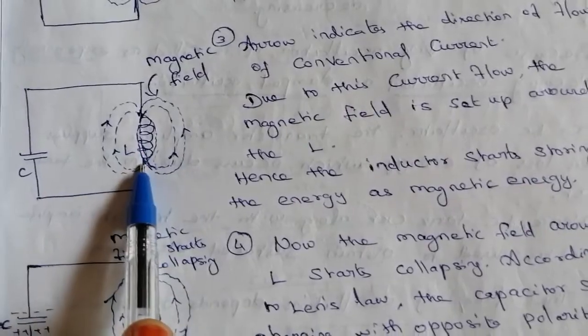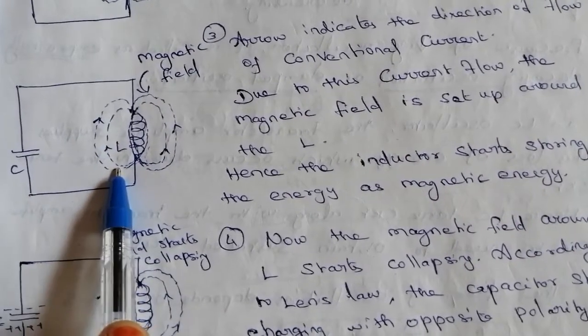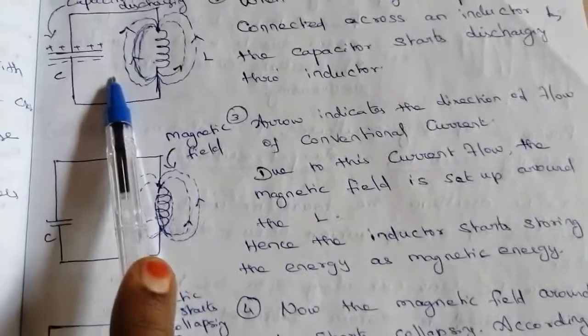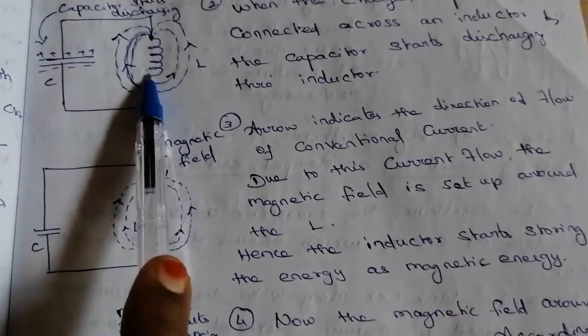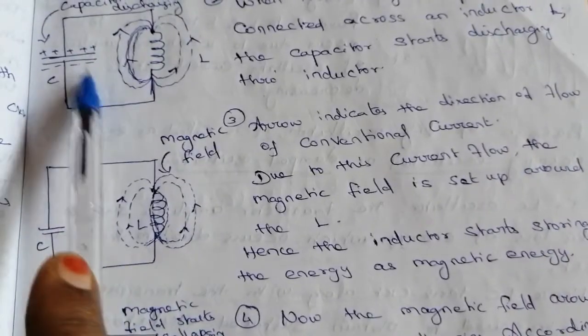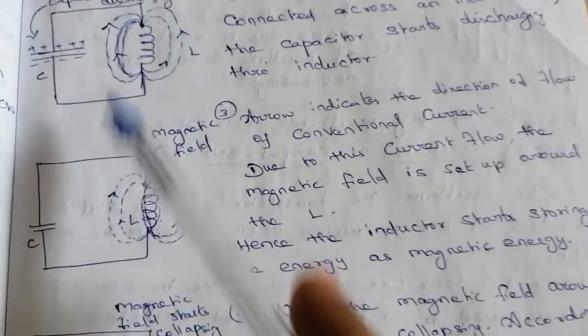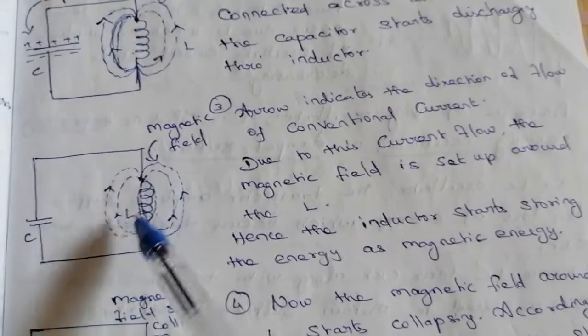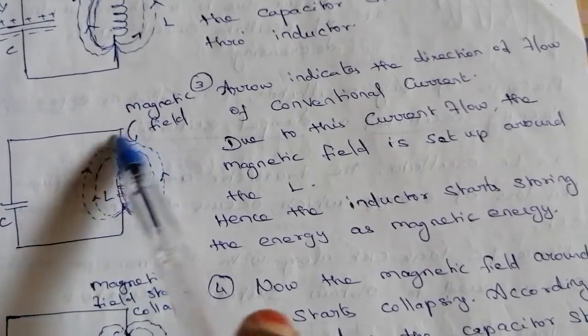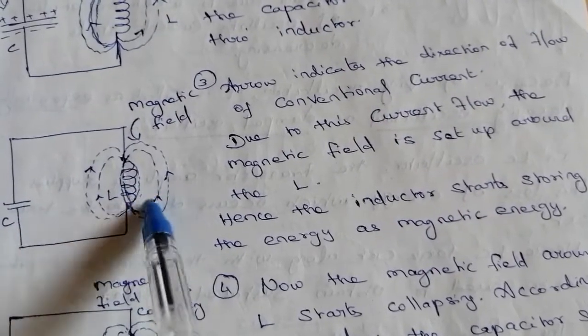So in the first step, the capacitor is charged and the energy stored is called the electrostatic energy. In the second step, the inductor is connected across this capacitor, so the charged capacitor is fully discharged through this inductor. The current flows through this inductor as indicated by this arrow, and the energy stored in the inductor is called the magnetic energy.